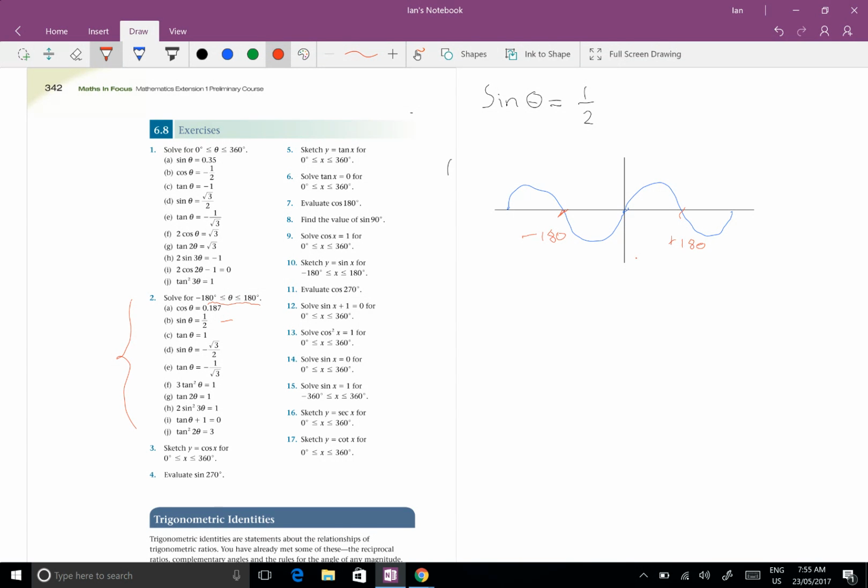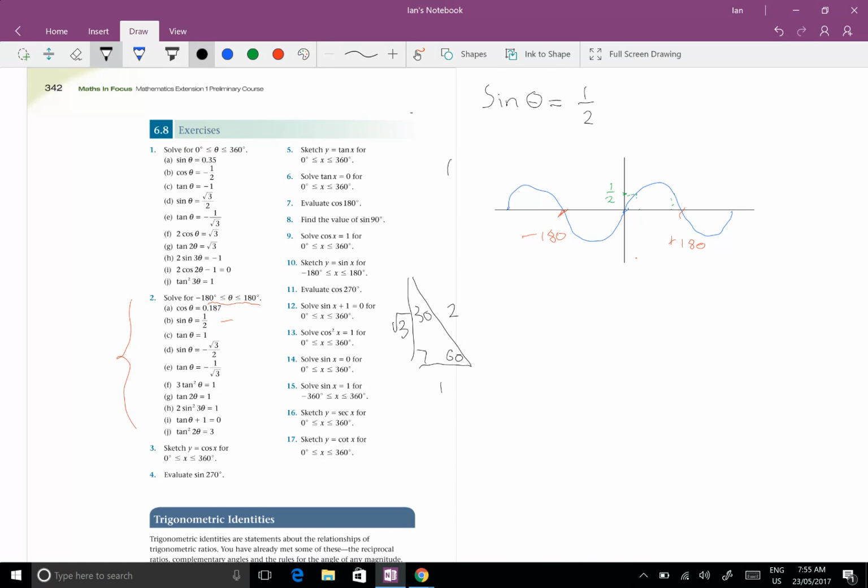So sine theta equals a half. Well, a half is there. I'm going to get this one, and I'm going to get this one. Well, that's pretty easy. I know from my right angle triangle, 1, 2, root 3, 60, 30.